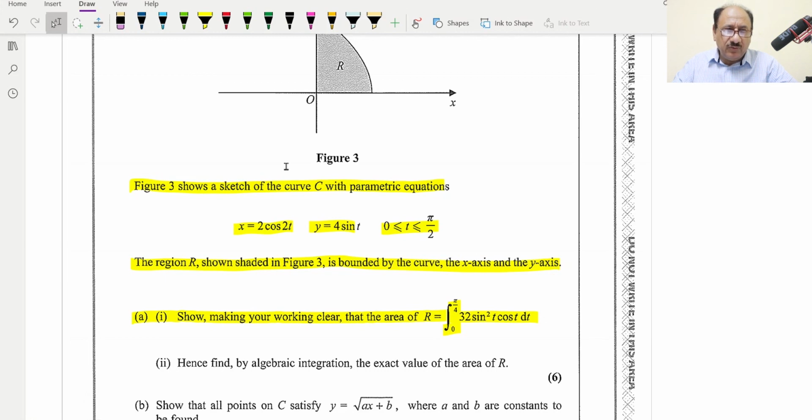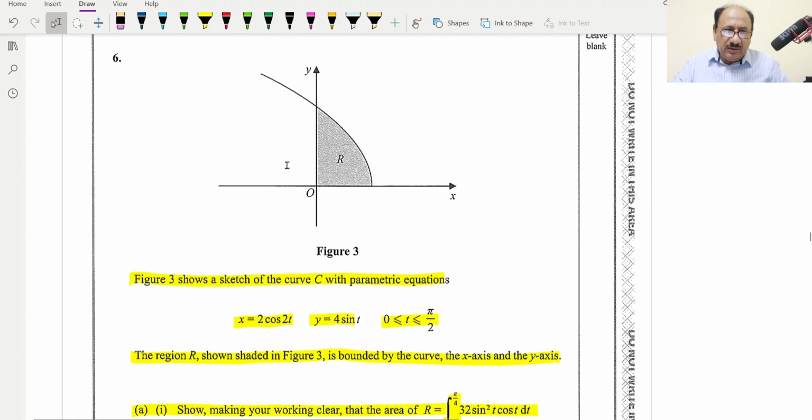So first of all, we can identify the points. Over here, y will be equal to 0, which means 4 sine t is equal to 0. This implies sine t is equal to 0.